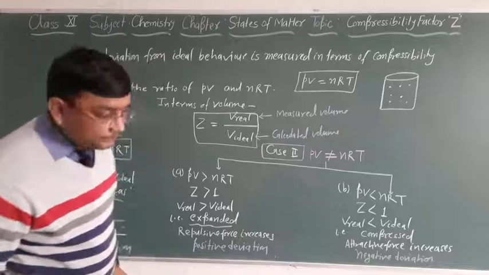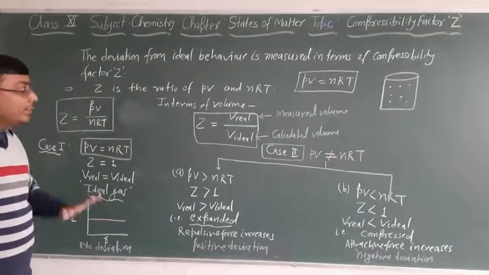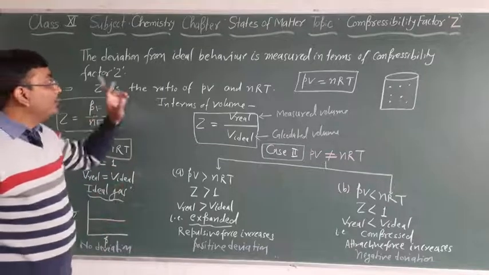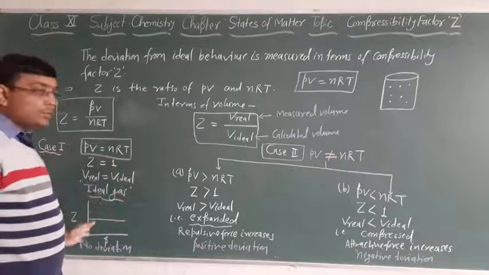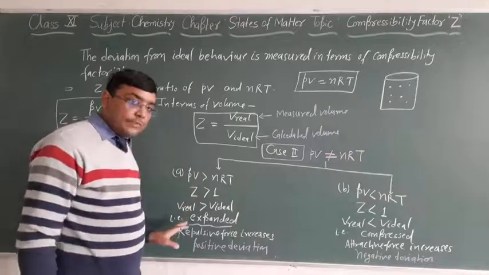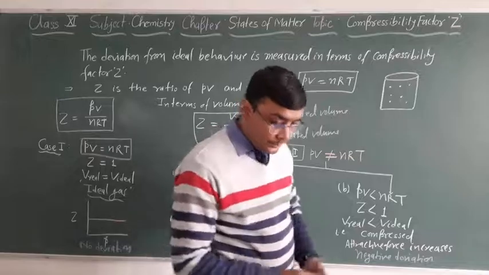Is this point clear to you? With the help of Z, we can explain the deviation from ideal behavior. If Z is equal to 1, then no deviation; Z greater than 1, positive deviation; and Z less than 1, negative deviation.